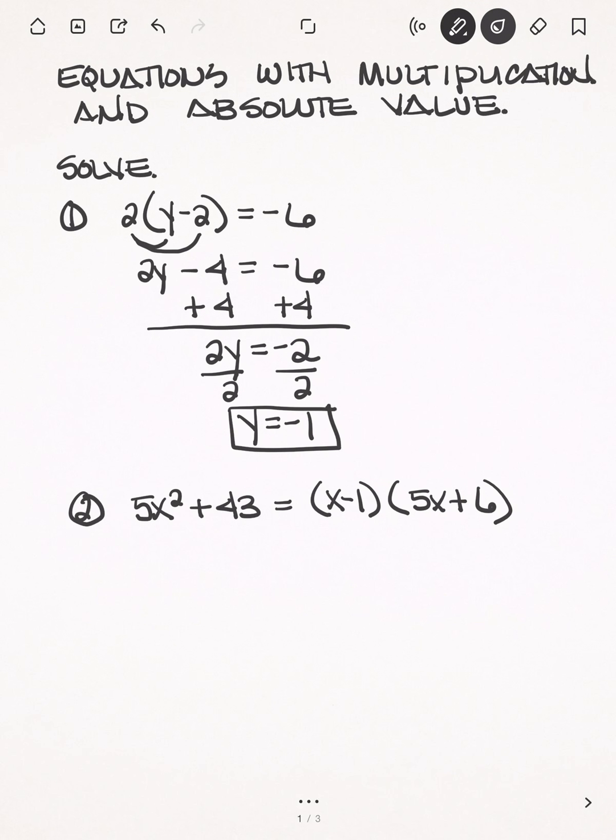Now you'll notice in this equation we don't have any parentheses on the left-hand side, but we have 2 sets of parentheses on the right. We have a binomial times a binomial, which means we're going to have to use distributive property twice.